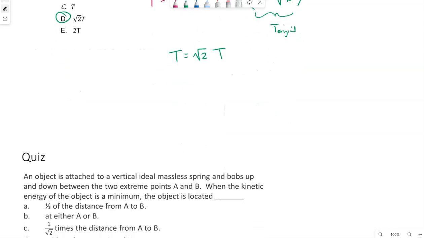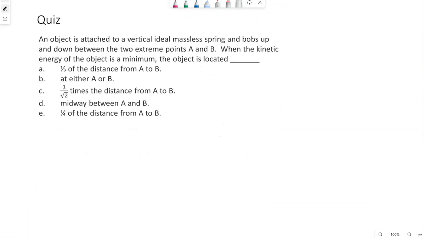All right, we have a couple more. So this one, what do you think here?